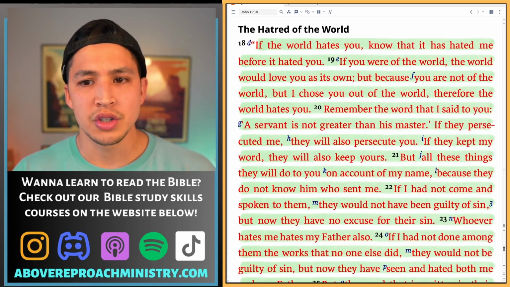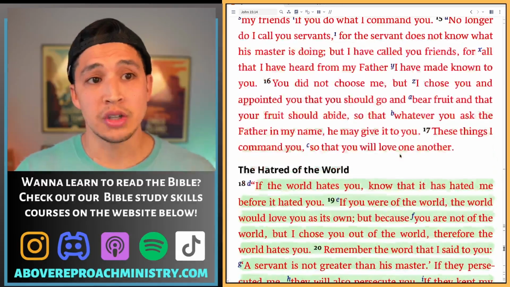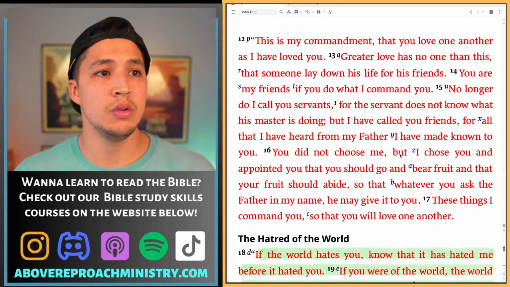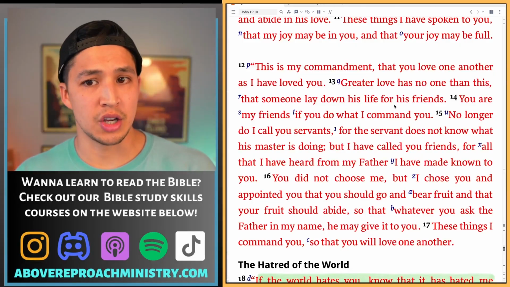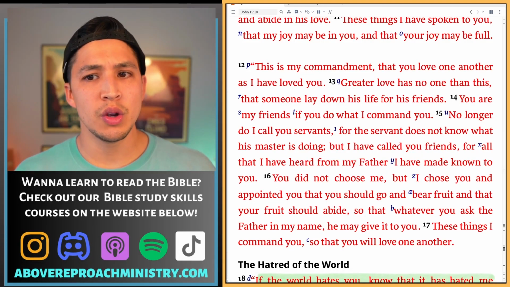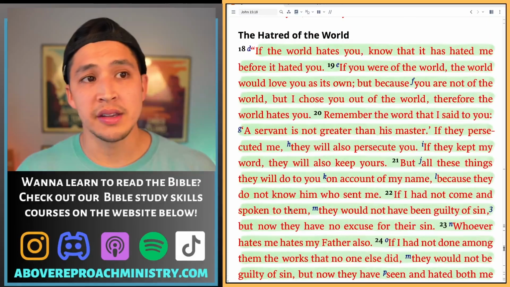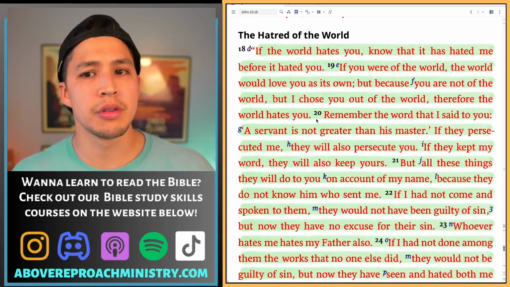So I want to ask, hey, how does the main point of this section connect to or logically fit into the main point of the previous section, right? So some things to consider is that doing what Jesus commands involves bearing witness, like we see in this section, to the truth, right?